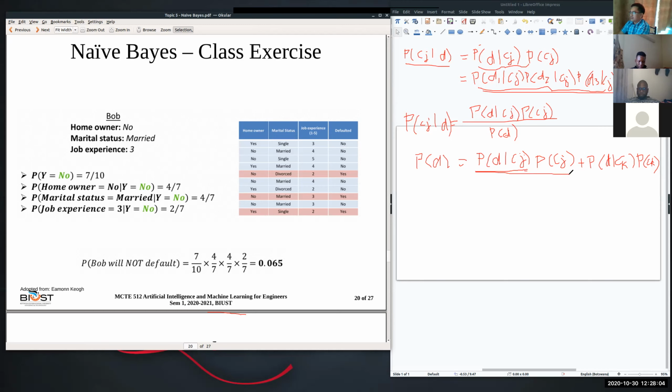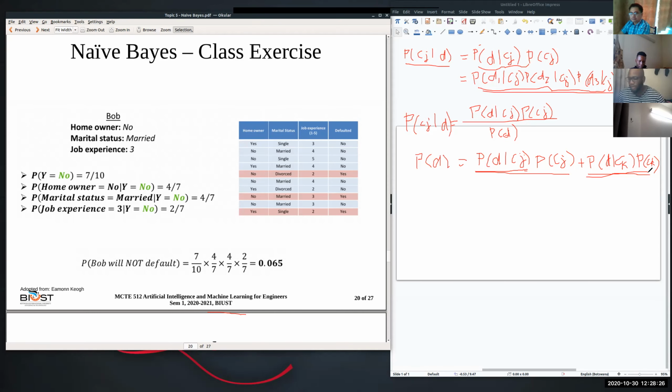Okay, then we compute, what is this? This is the probability that he will default, this probability that he will not default, and this is probability that he will default.